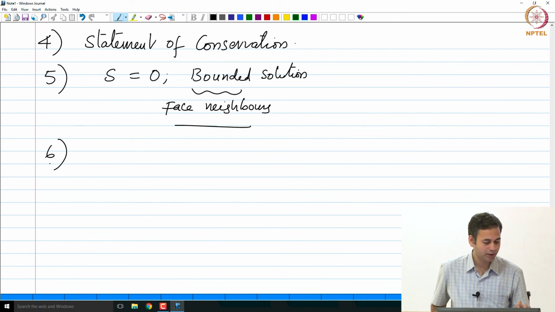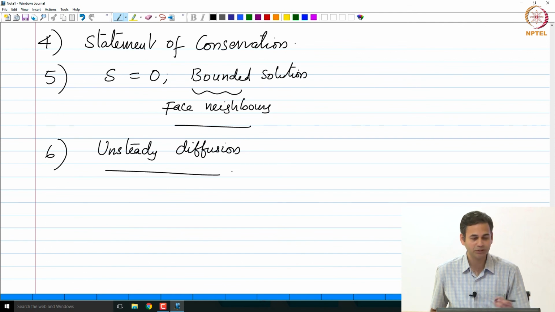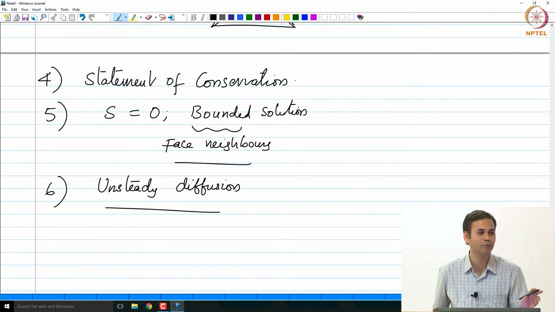Now, what about unsteady diffusion? Let us say you want to solve this with an explicit scheme or an implicit scheme. Can you do this? You can do this. Essentially, you just have the extra term rho phi p1 and rho phi p0. So, you can extend the entire unsteady treatment we have done, the explicit, implicit and Crank-Nicolson, to the structured, unstructured orthogonal mesh.